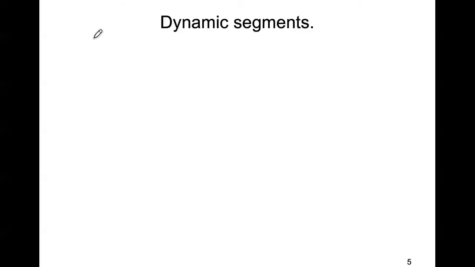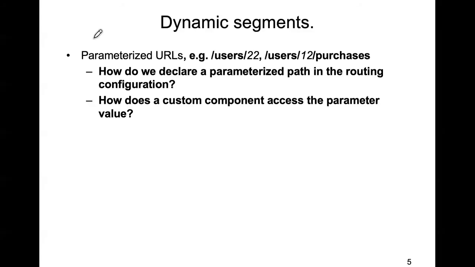Now, the next aspect of routing is what React Router refers to as dynamic segments, but a more common name would be parameterized URLs. A parameterized URL, as the name suggests, is where the URL contains a parameter embedded within it. And that parameter would be used by your application for some purpose, usually maybe to make an open API call using the parameter value.